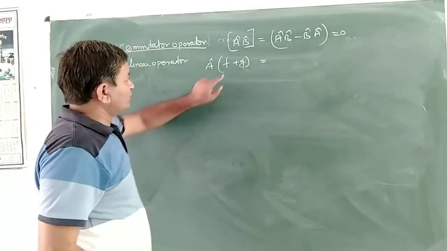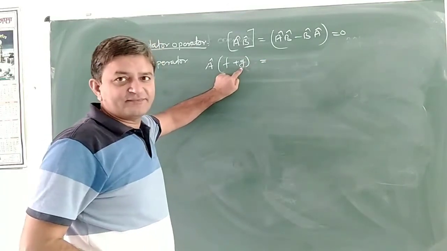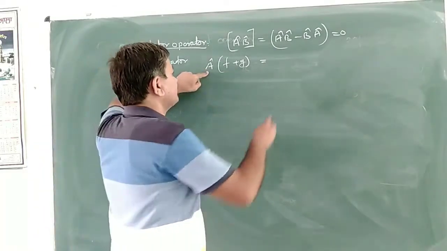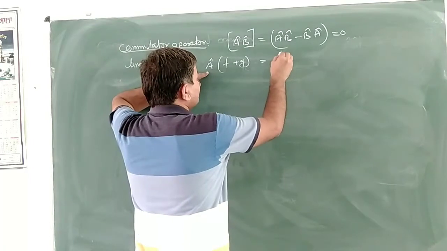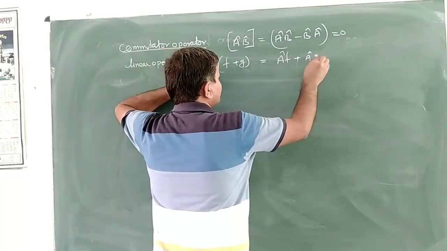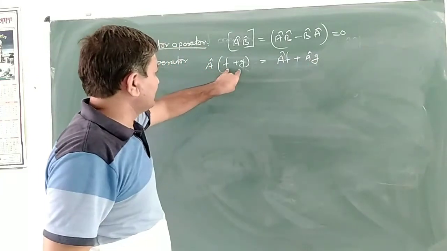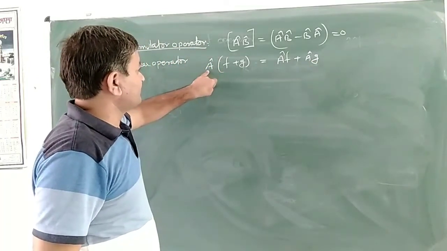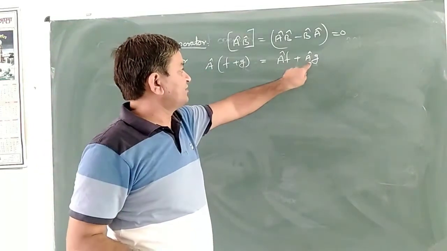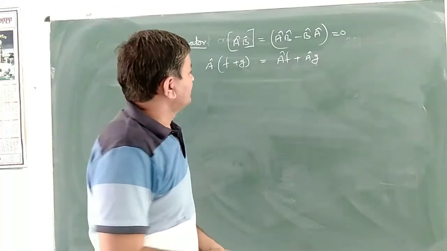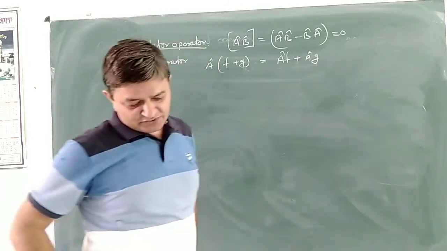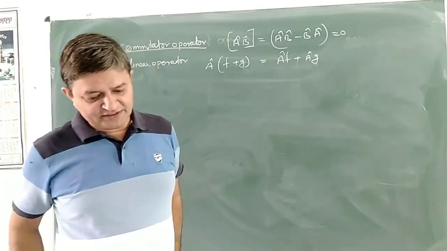If we first add the two functions, then the operator of this sum gives the same result as the A operator on f plus the A operator on g. So the operator A on the sum gives the same result as the A operator on the f function and the A operator on the g function. So that's all from this. This is all part of the linear operator.